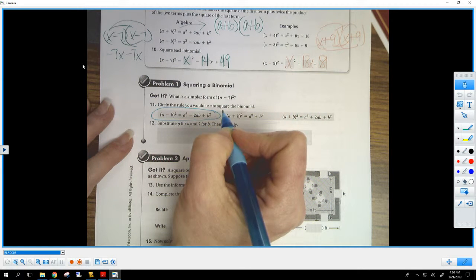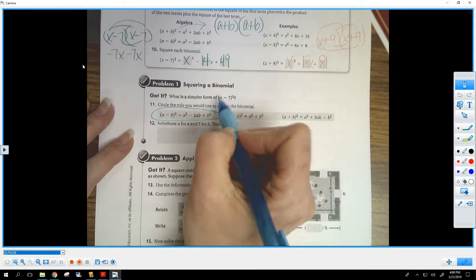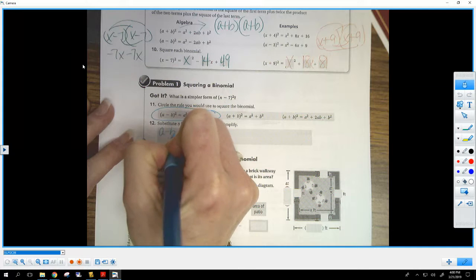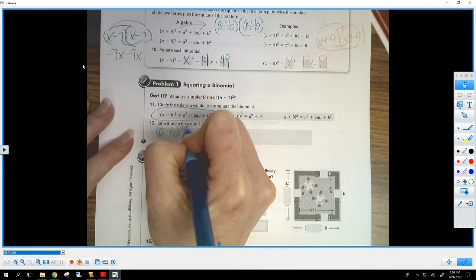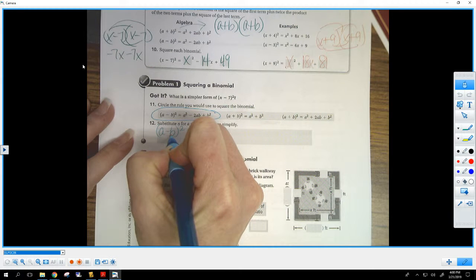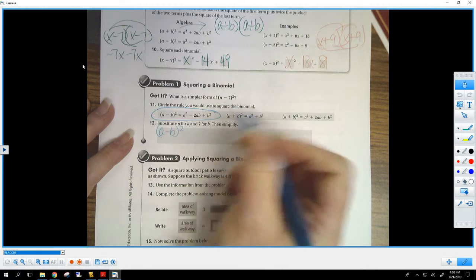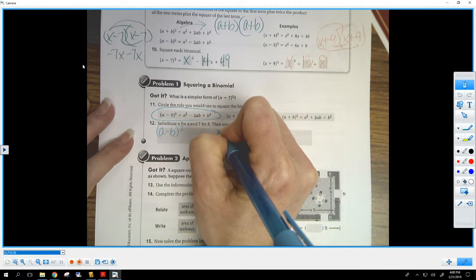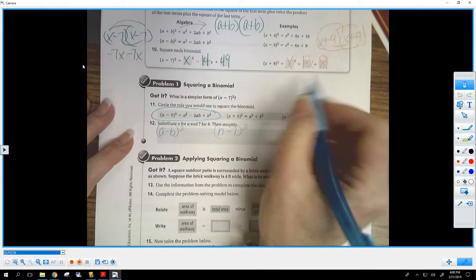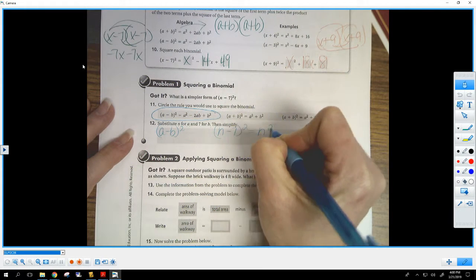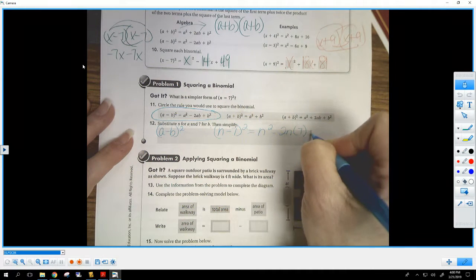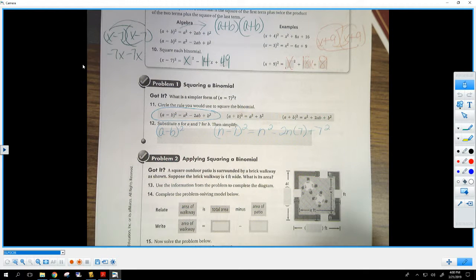So we're going to do two problems. A minus b squared, that becomes 7, right? So we have n minus 7 squared. It equals n squared minus 2n times 7 plus 7 squared. Very, very confusing.